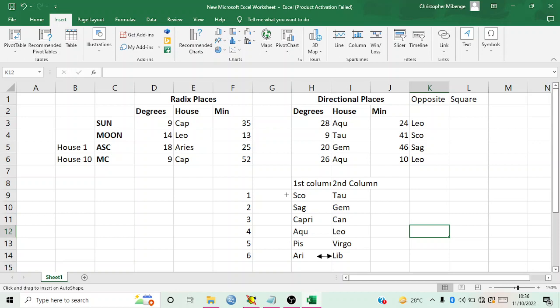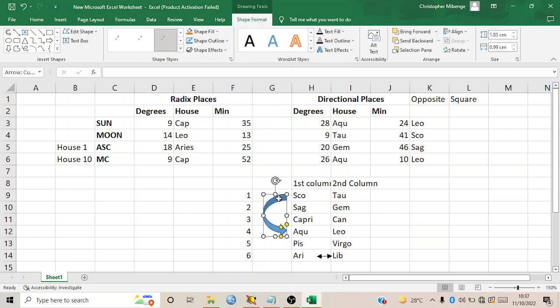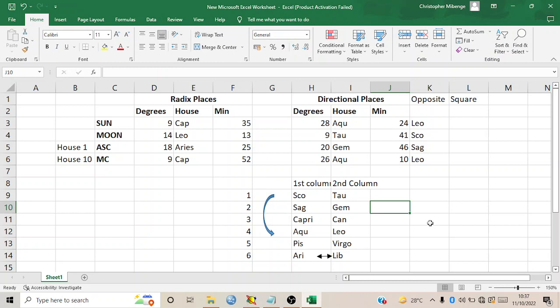So I'll get this arrow, right? And then I'll push it to the 4th, right? So what I'm simply saying here is these first houses will be pushed to the 4th.